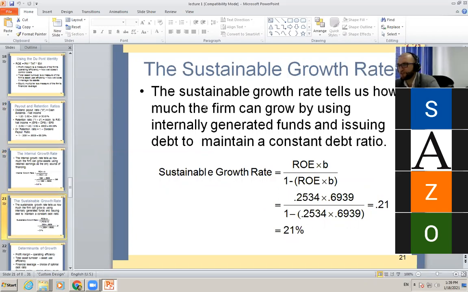And sustainable growth rate, it's another measure of growth that measures how the company can grow their assets using internally generated funds and issuing debt to maintain a constant debt ratio. So the debt ratio should not be changing. That will help you to measure by how much your company's assets will grow by using your internally generated funds.